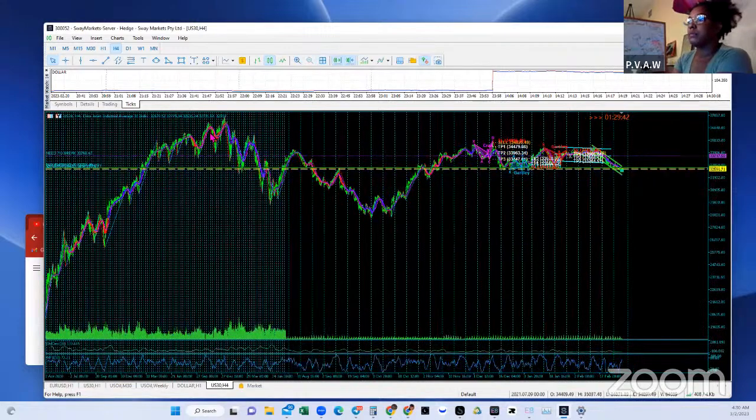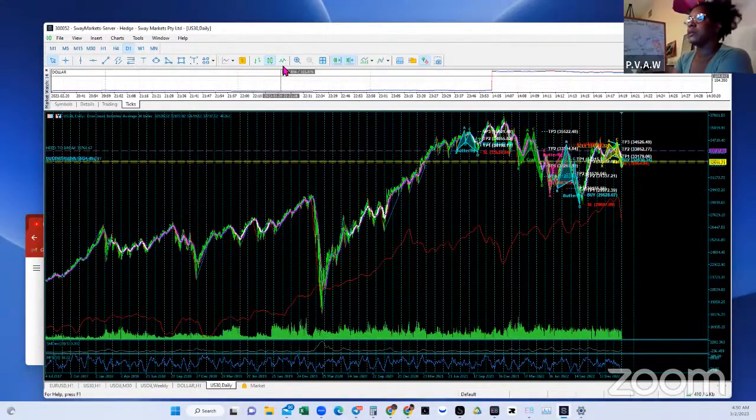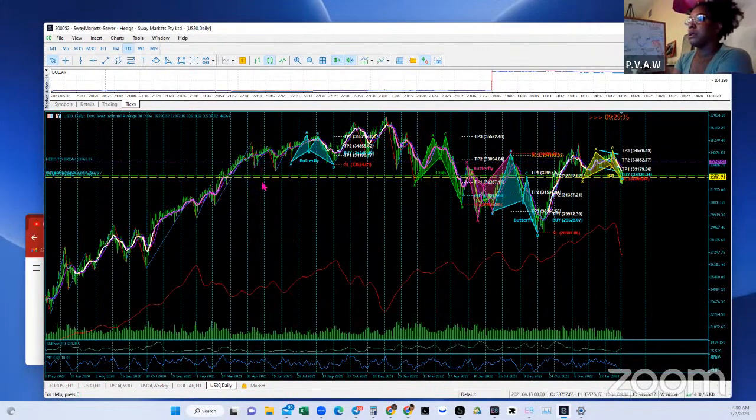As you can see, we've been here before, but we're still making lower highs. On the D1 chart, same thing. Inverse cup, this is the handle to it. The market is coming back down from the retracement of the larger W here.